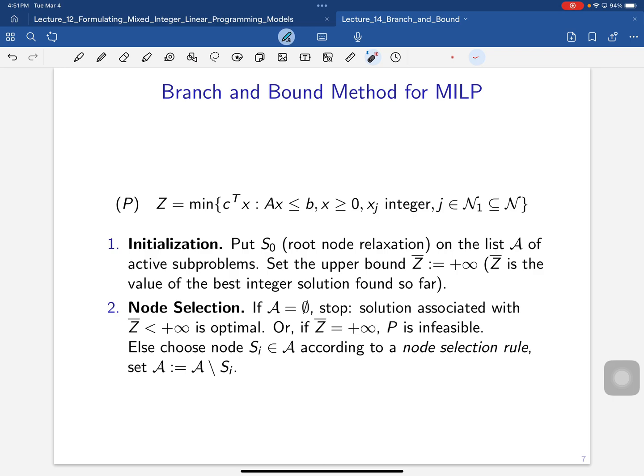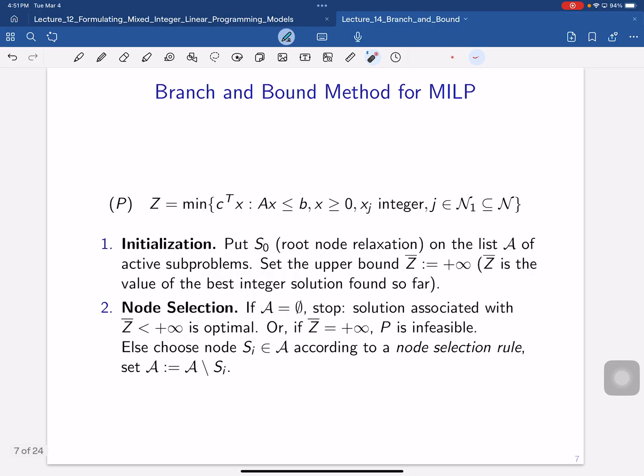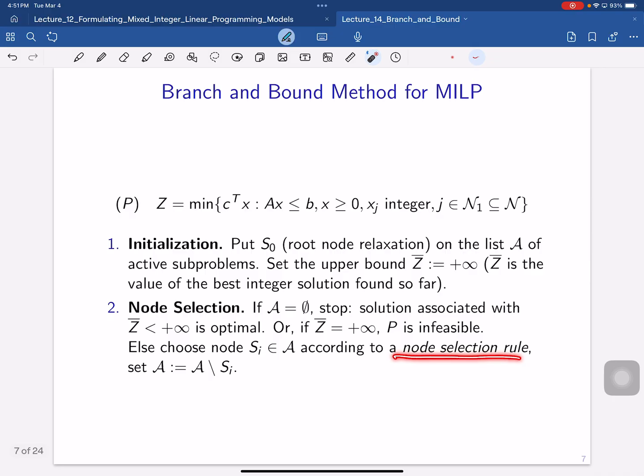list. For example, in iteration 1, you will select the root node, because in the initialization, you are putting the root node relaxation into the list. So you can imagine in the first iteration, you will just choose the root node. Let's choose the node from the active node list according to what we call a node selection rule.